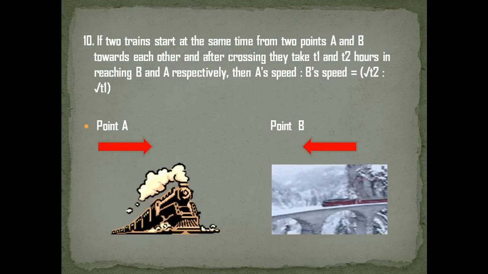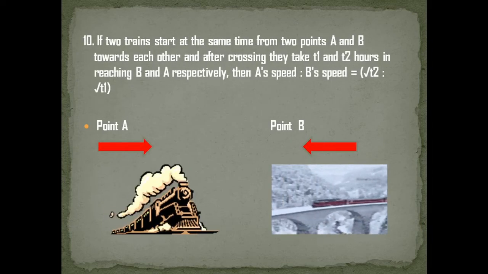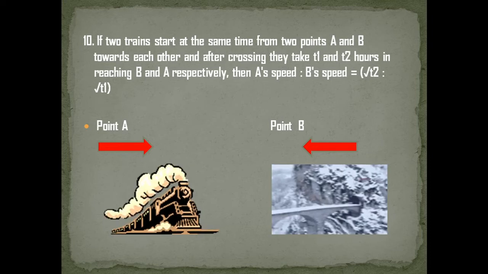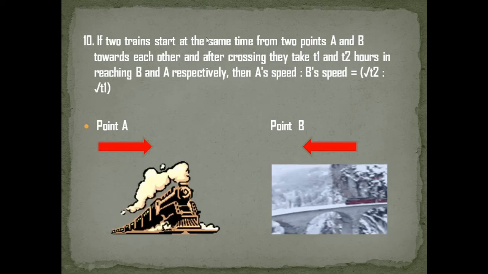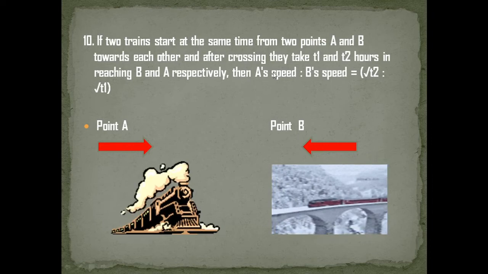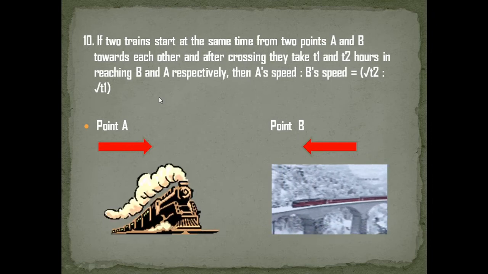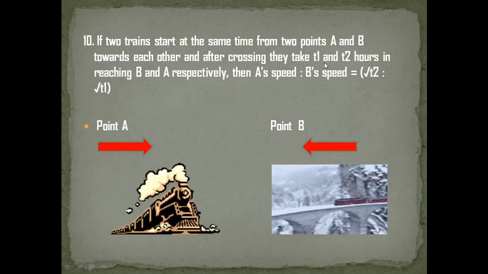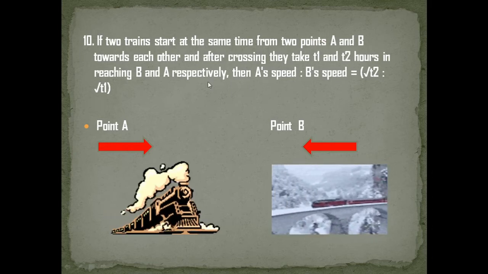Now the next formula is something like this. They may ask even this kind of question. If two trains start at the same time, both starting from point A and point B, from two different points A and B, and they are moving towards each other, and after crossing they take T1 and T2 hours to reach B and A respectively.